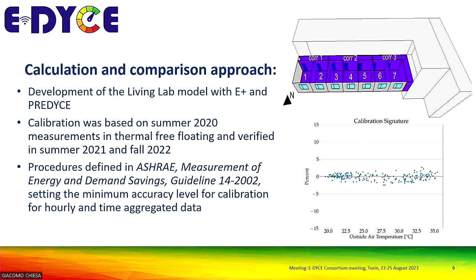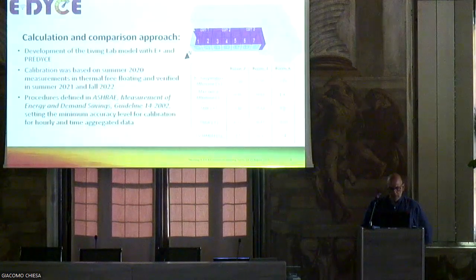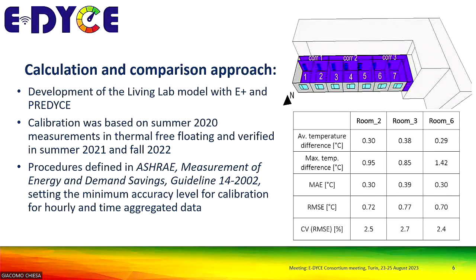And to assess the reliability of our calibration, we used the procedure defined by the relevant ASHRAE guidelines, which set the minimum requirements in terms of accuracy of the calibration. You can see here the calibration signature, which is very accurate, but also we check the accuracy against the ASHRAE procedure.